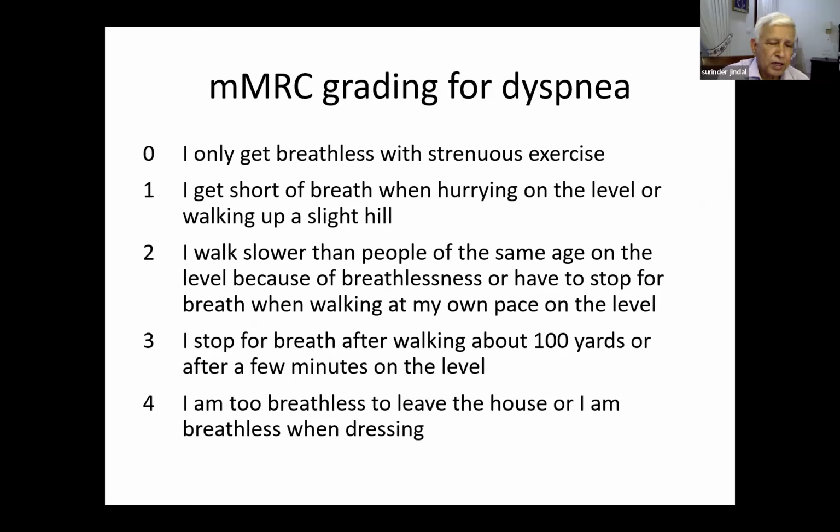You see from 0 to 4, 0 if one gets breathlessness with strenuous exercise, and then 1 is when one gets breathless when hurrying on level ground or walking up a slight hill, and 2 is one can walk slower than people of the same age, but still can walk and has to stop in between, etc. But grade 3 and 4 means one has to stop to take breath, you see, after walking about 100 yards or after a few minutes. And of course, grade 4 is one is too breathless, sometimes even to leave the house or the bed, you see. Next, please.